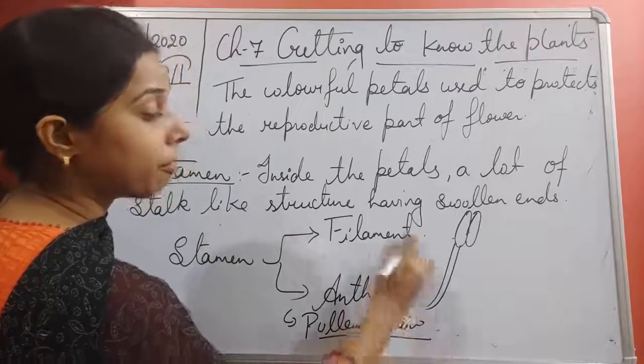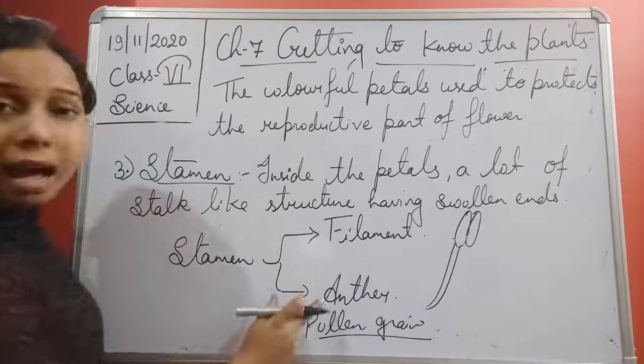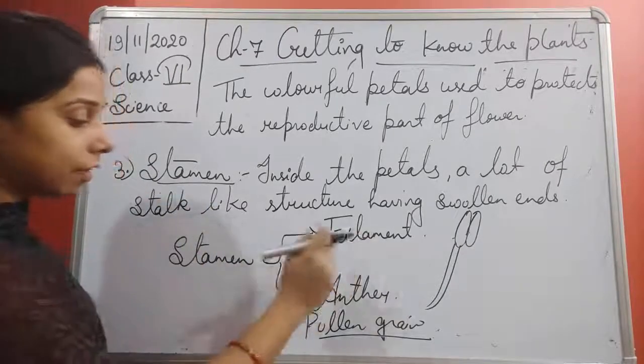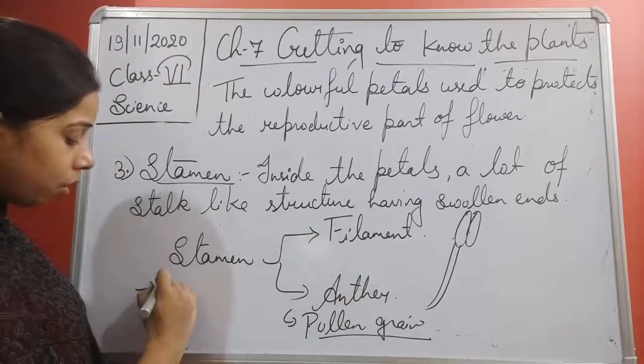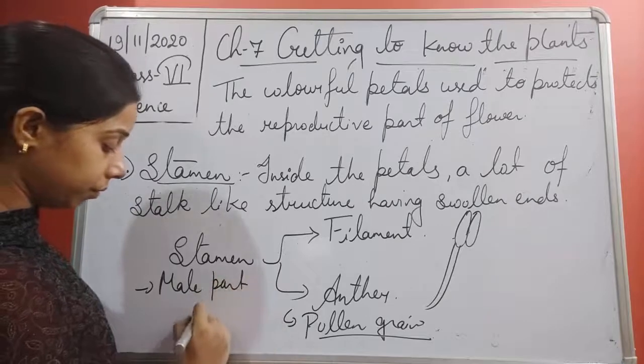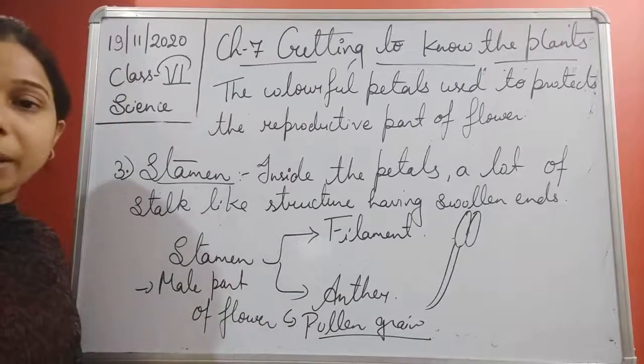Basically, the role of the filament is to give support to the swollen top, the anther. Okay, so stamen is divided into two parts, filament and anther. Stamen, student, is the male part of the flower, which is present inside the petals.